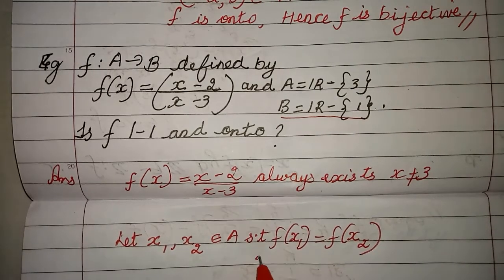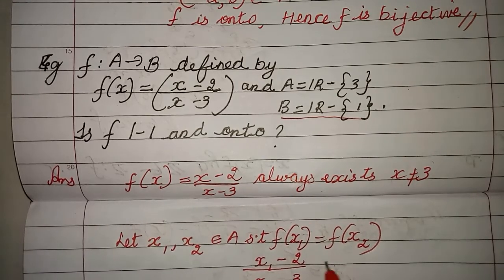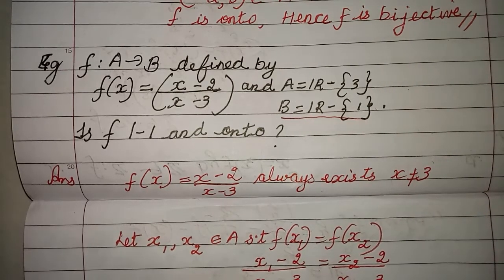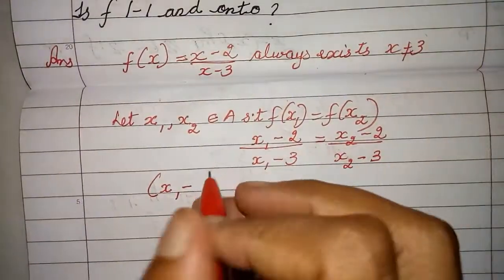So I am going to just substitute the value. So (x1 minus 2) upon (x1 minus 3) is equal to (x2 minus 2) upon (x2 minus 3). Now just cross multiply. Cross multiplication is possible because the denominator is not 0.